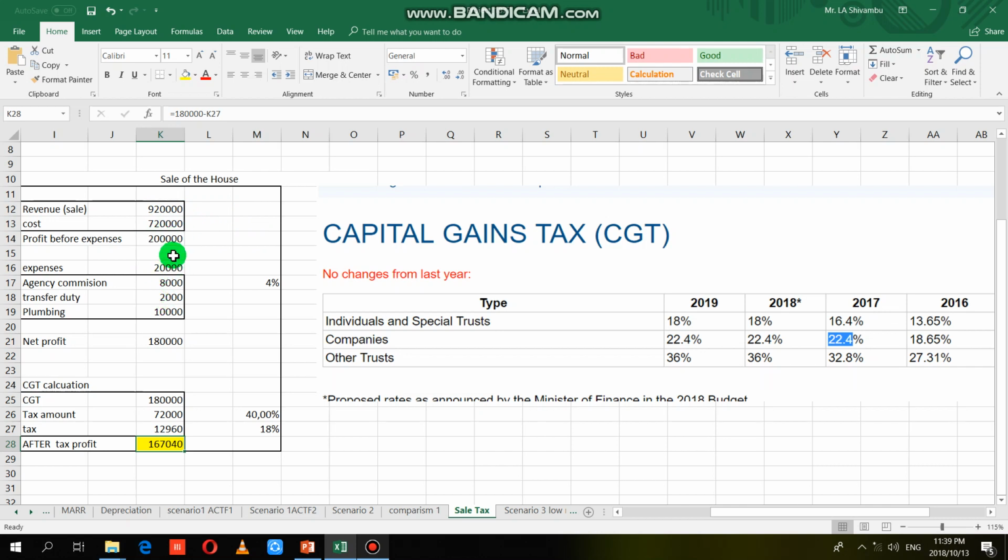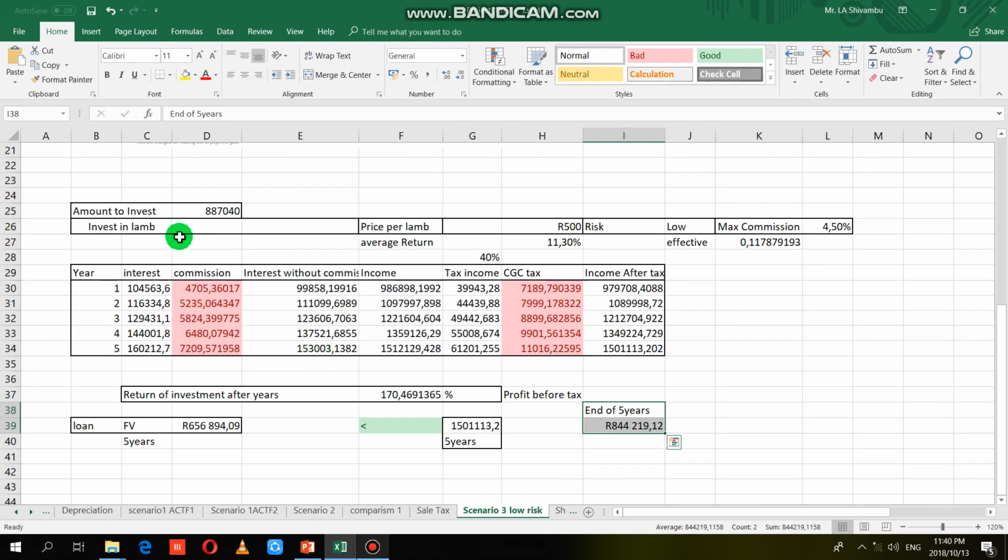Therefore, we have expenses that we have to take care of, and then a net profit of this. Because this is a capital gain, we're going to use the SARS capital gains process, of which the percentages are given as follows.